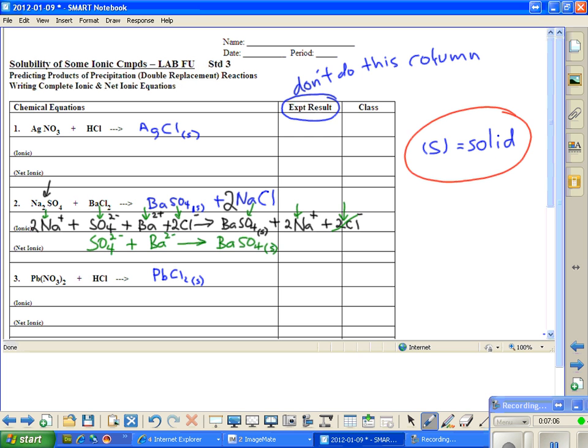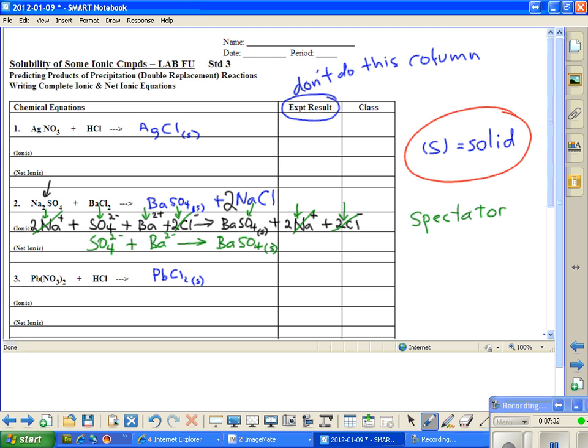We've gotten rid of our sodium ions because they do not participate in the actual reaction. And so these guys are called spectator ions. Spectators, just like spectators at a football game. There's a lot of spectators, but there's only a small number of players on the field. So our net ionic equation is now complete.